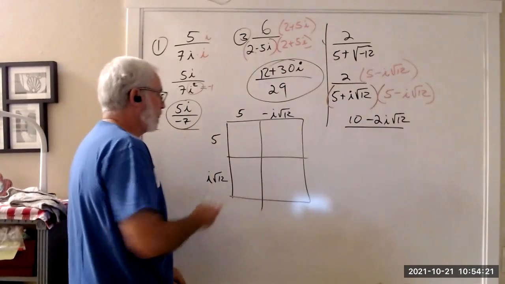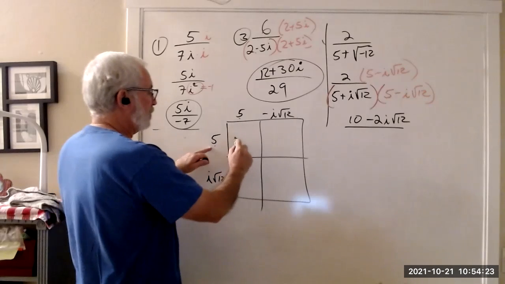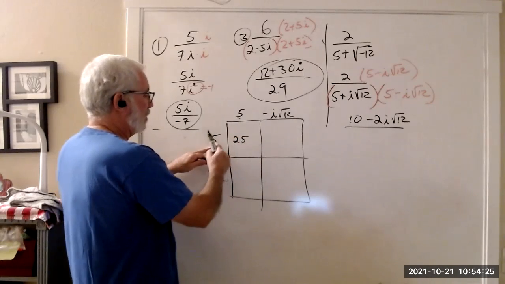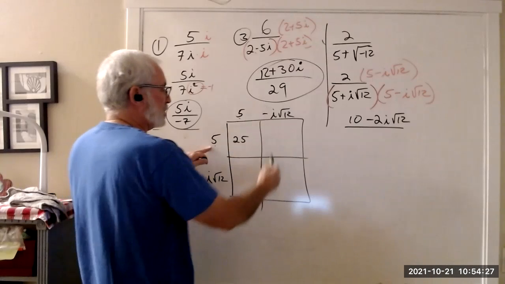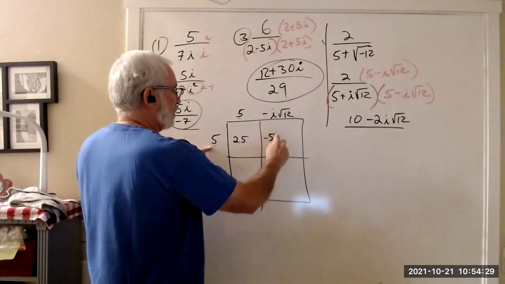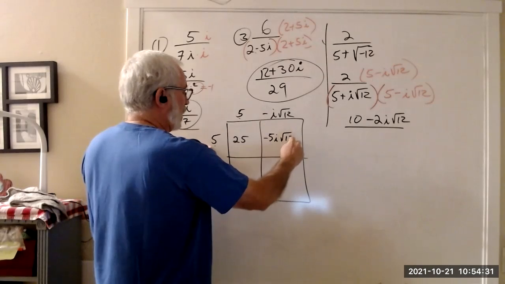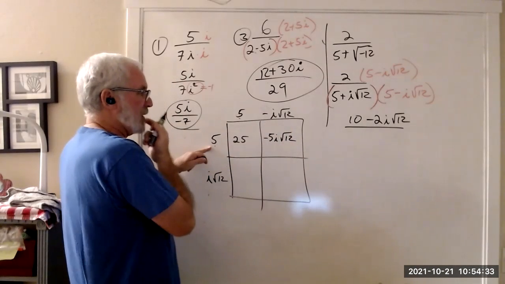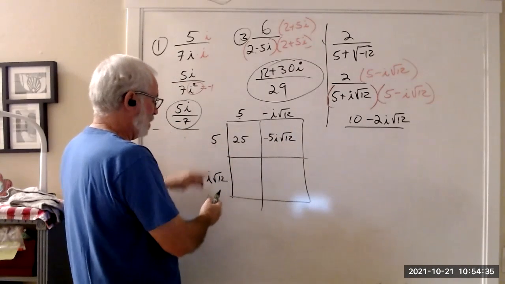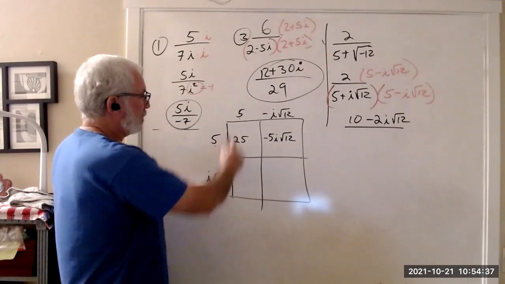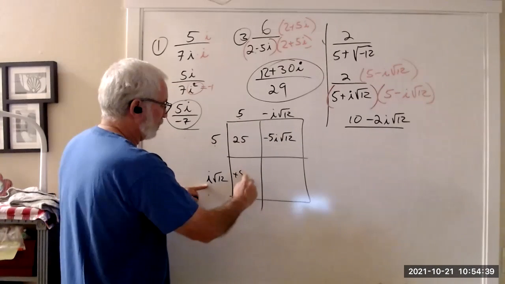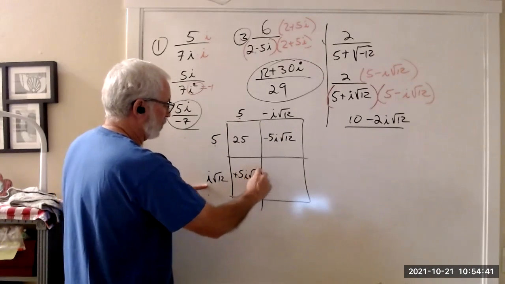Here I go. 5 times 5, 25. 5 times that mess is minus 5i radical 12. i radical 12 times that is plus 5i radical 12.